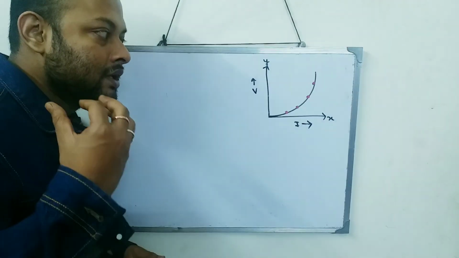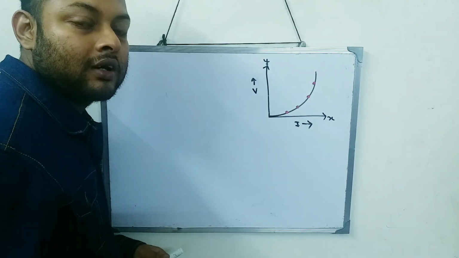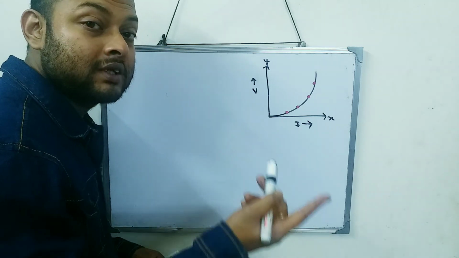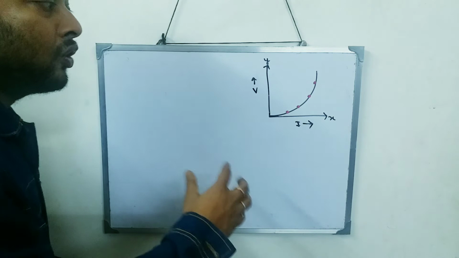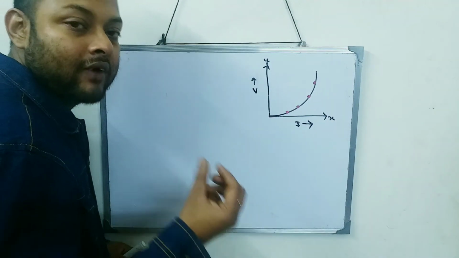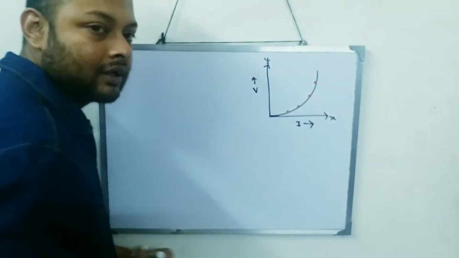And if the slopes are different, that means the resistance also becomes different, because the slope represents resistance. So if the slopes are different at each point, the value of resistance will also be different at each and every point.